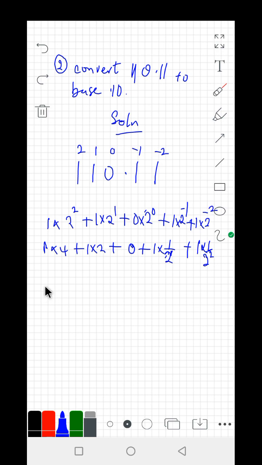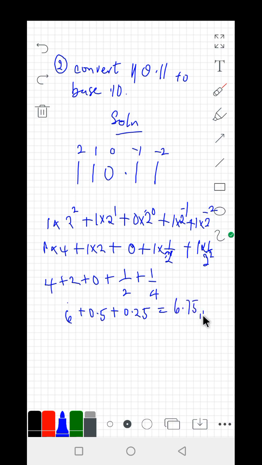Okay, so this will be 4 plus 2 plus 0 plus 1 over 2 plus 1 over 4. So this will give us 6 plus 0.5 plus 0.25. This will equal 6.75 base 10. Okay.